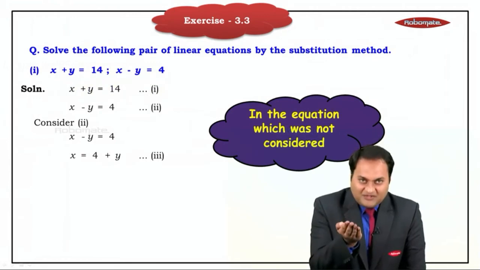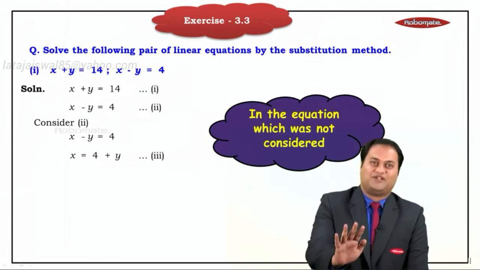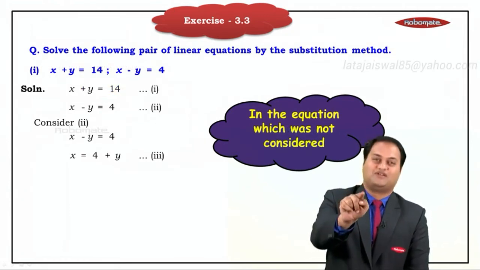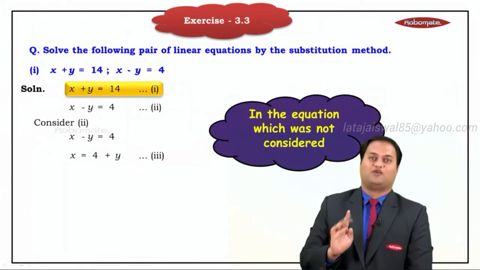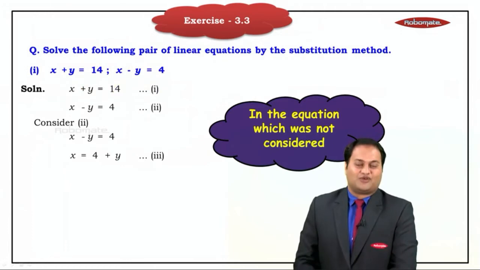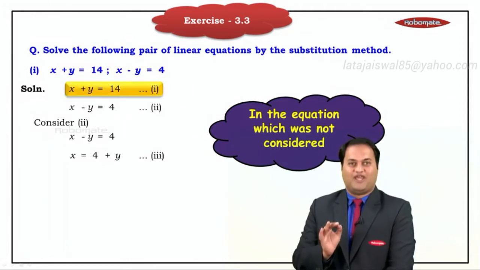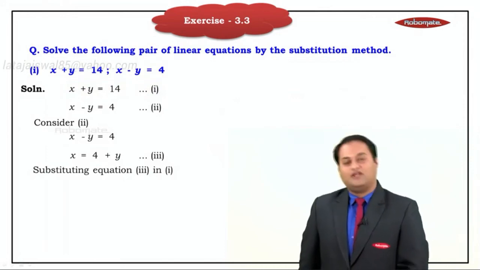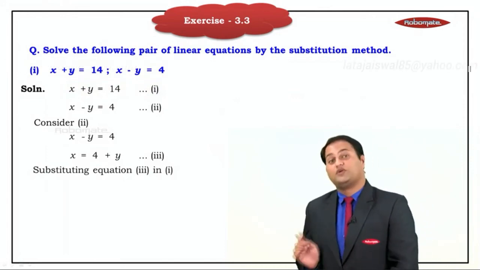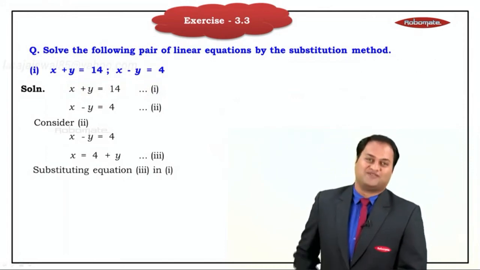So this method's name is substitution method. We need to substitute something. What? Equation 3. Where? In the equation that we had not considered, that is equation number 1. So from the presentation point of view, your next statement will be substituting equation number 3 in equation number 1. Why equation 1? Because it was not considered.